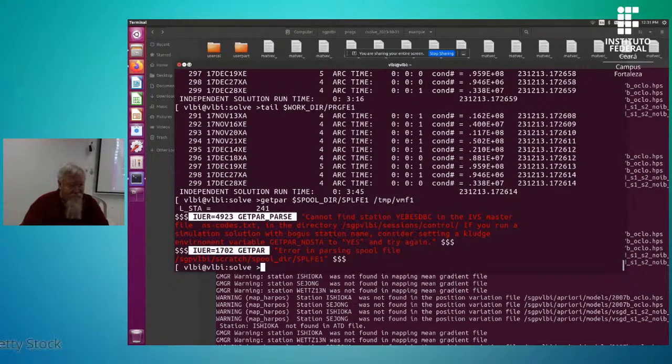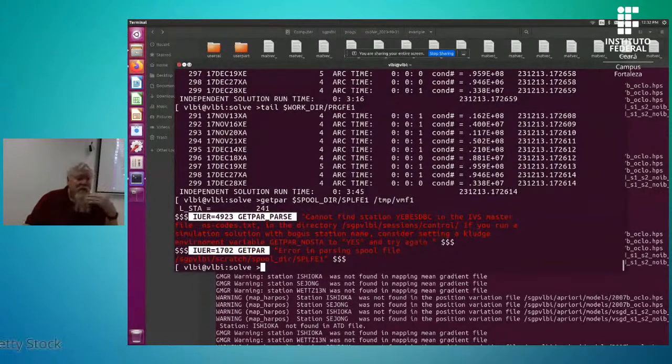I'm going to have to figure out how to fix this. So we're not going to do this right now, but we are going to run another solution. And we're going to use different letters because I want to save the results. We're going to save the results from this.